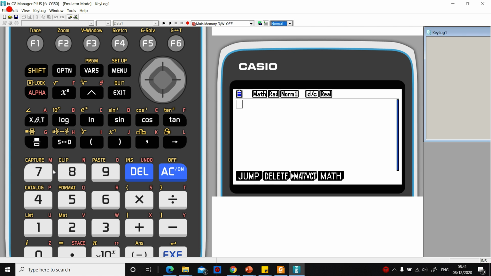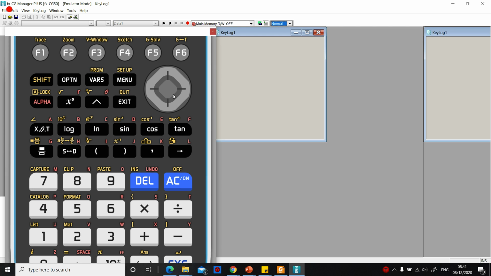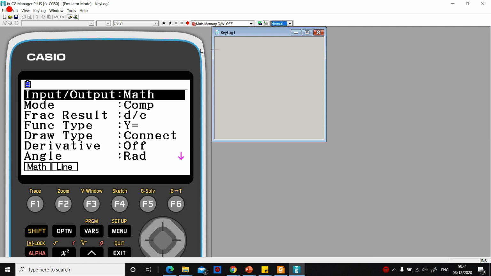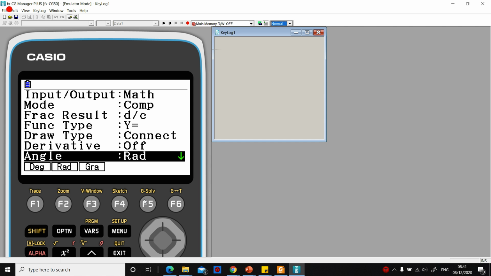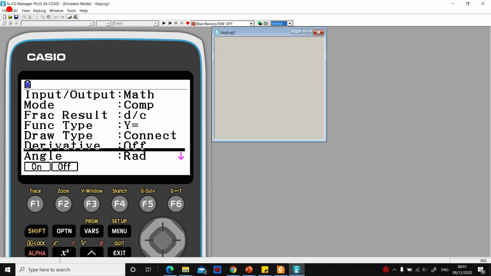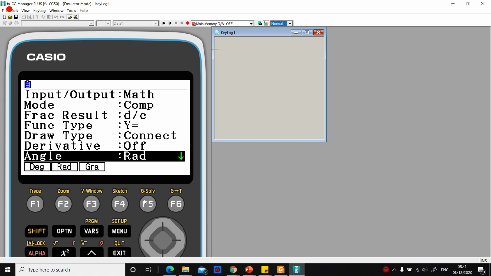Then we said that in the exam, because it's an A-level exam, you have to be able to understand that if it says rad at the top, you are in radian mode. To get out of radian mode, you use shift mode, and go down to the radians.